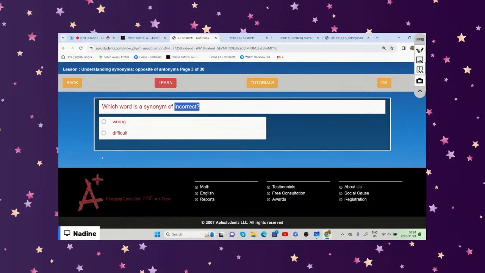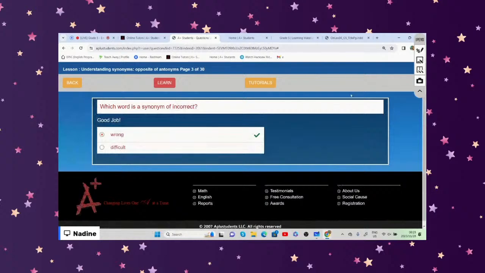So if we find the word that is almost the same as incorrect, then we can say it is wrong, because if something is not correct, it's incorrect, it is wrong. And wrong is correct.